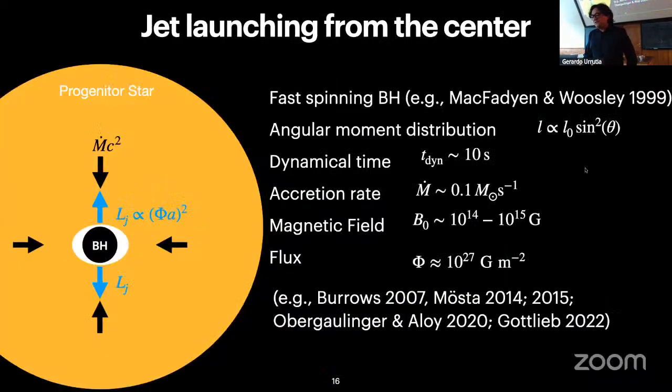So also, how can we produce these very energetic explosions? We can think of the following. These stars are rotating very fast, with high spin.